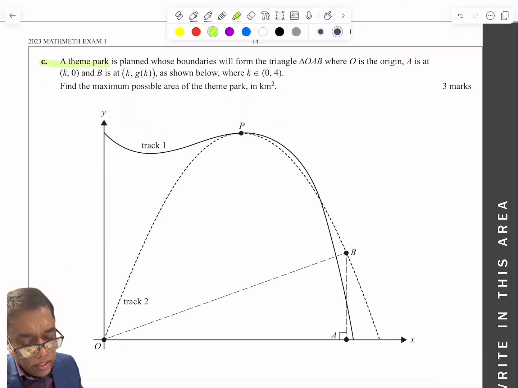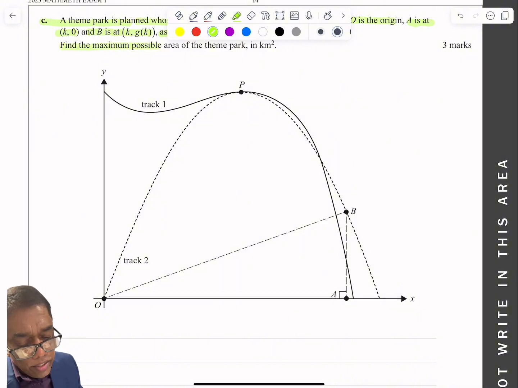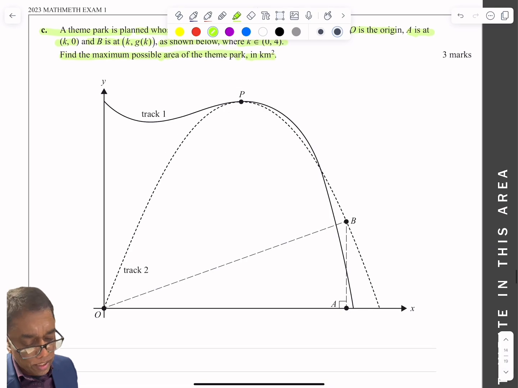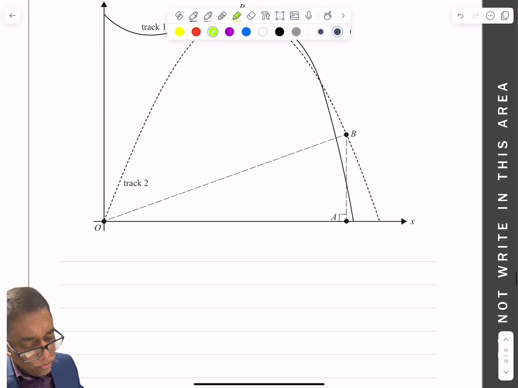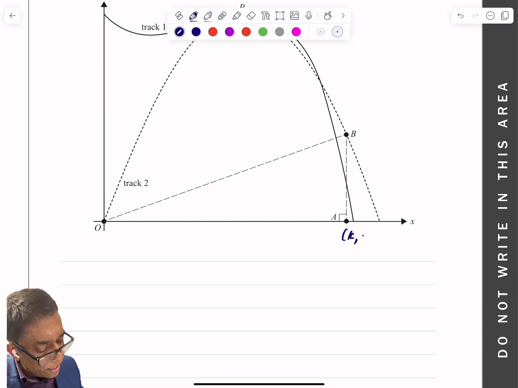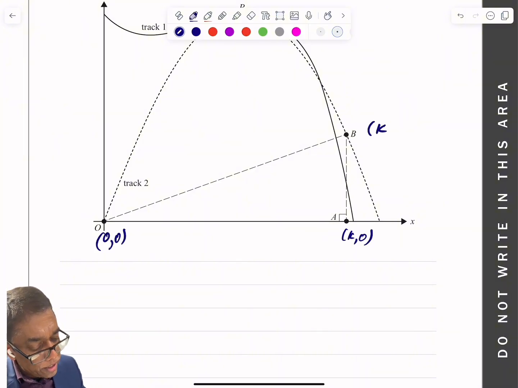Part C. A theme park is planned whose boundaries will form a triangle OAB, where O is the origin, A is at (k, 0), B is at (k, g(k)) as shown below, where k is between 0 and 4. Find the maximum possible area of the theme park in square kilometers. Now we know this is (k, 0), this is (0, 0), and this one is (k, g(k)).